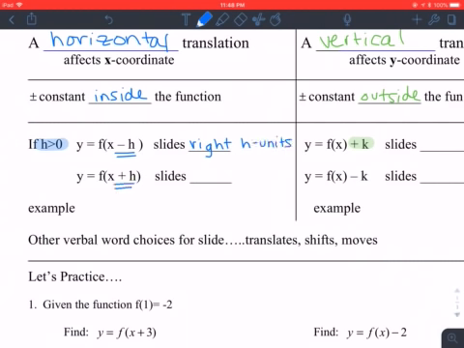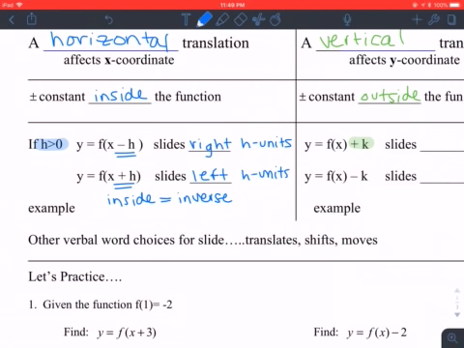With x plus h, we're sliding left h units. Now this is probably the opposite of what you would expect. And the way I remember that is that the inside is inverse. So anything that's happening inside the function is going to have the inverse effect on the graph.